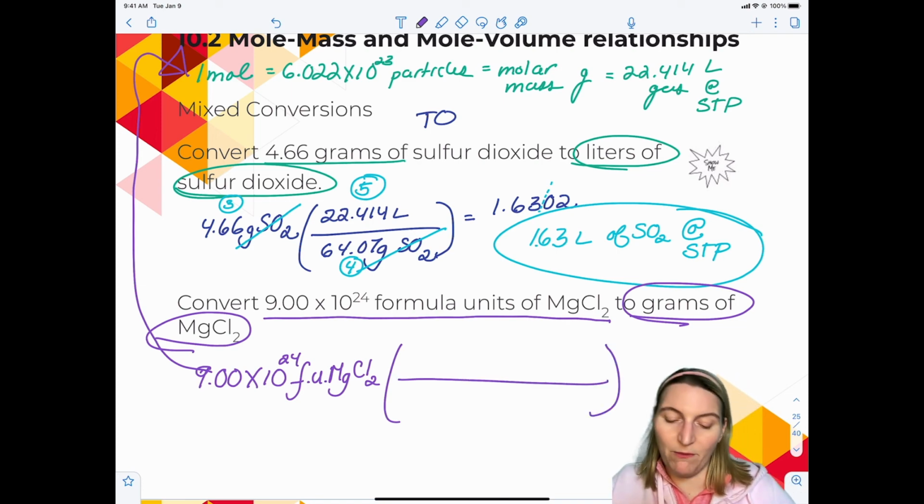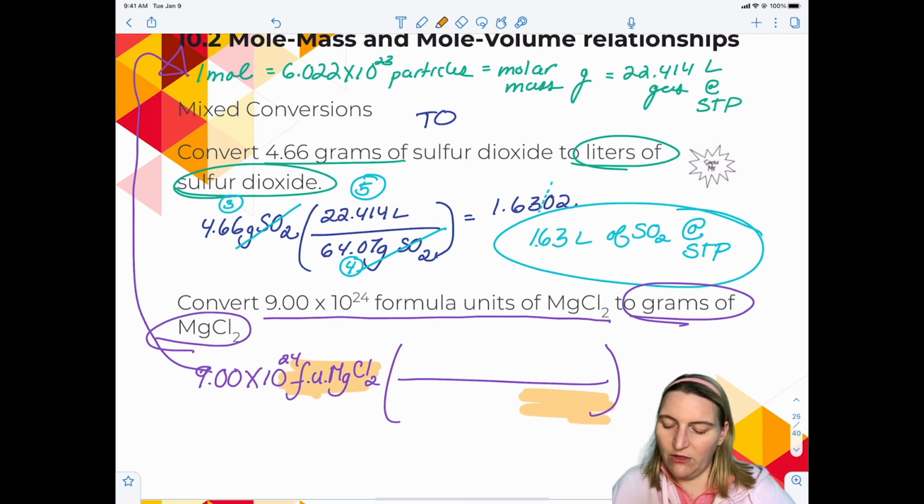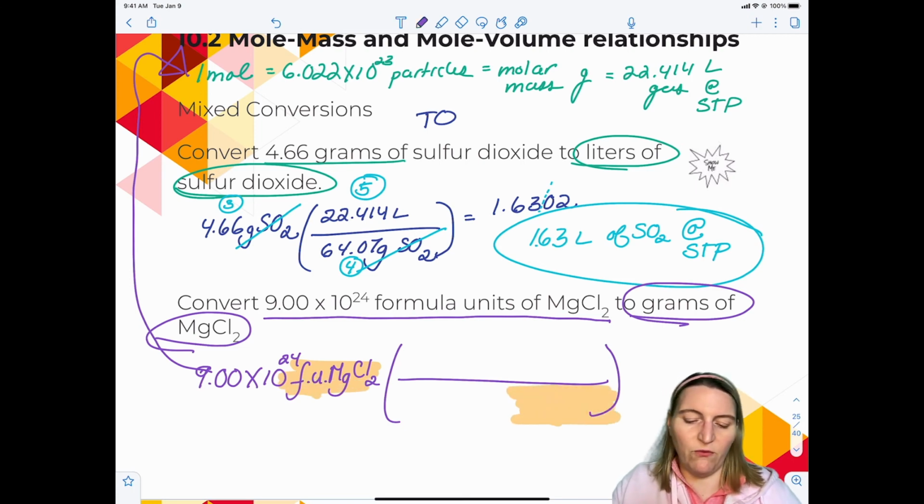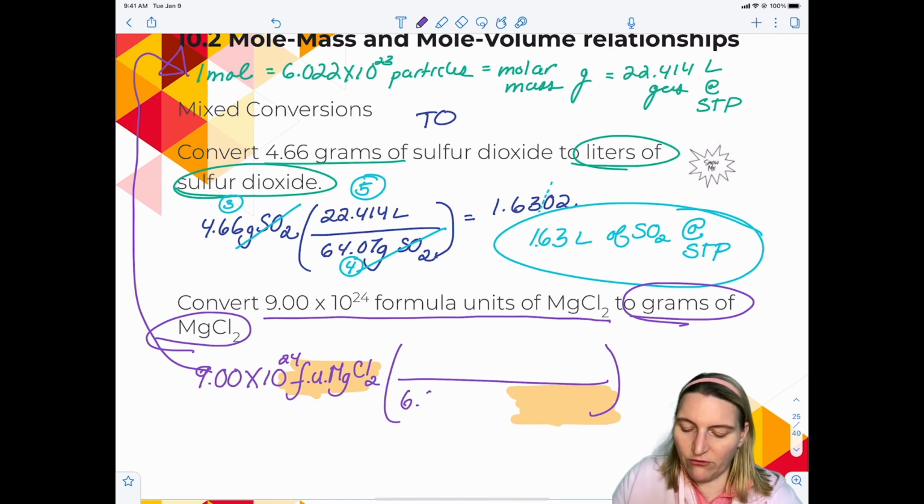Right, match up. Whatever unit is out front has to be the unit down bottom. And you may say, well, formula units isn't up there, but formula units is a particle, right? Atoms, molecules, or formula units. That is what goes with Avogadro's number. So 6.022 times 10 to the 23rd formula units of MgCl2.